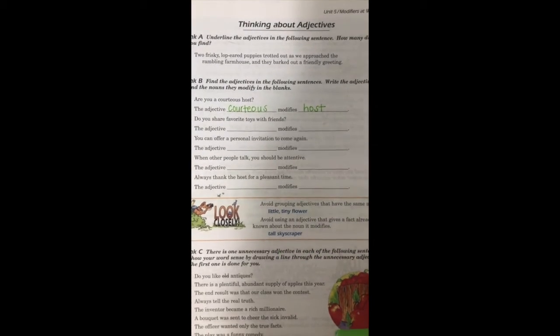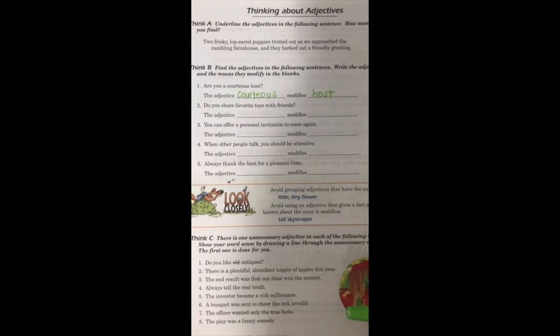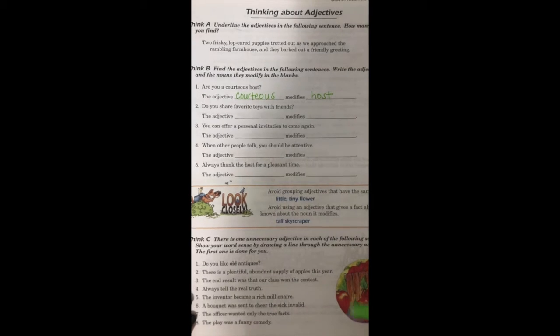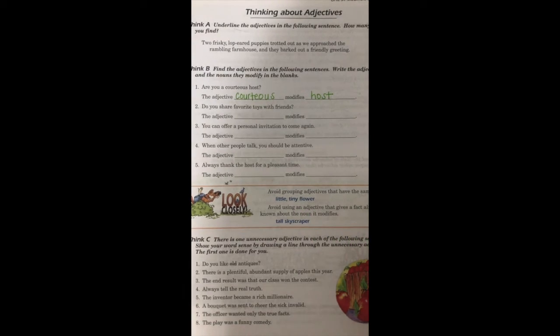Then down here, Look Closely always gives you a little hint or a little tip. It says avoid grouping adjectives that have the same meaning. So when you're describing something, you don't have to use two adjectives that mean the same thing. It's unnecessary. So for example, little tiny flower.